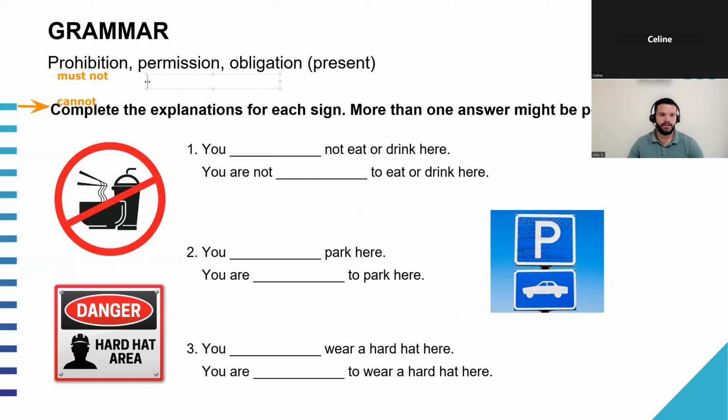Permission, you can say can. Obligation, you can say have to, something like that, right? Or maybe here in permission, you could say you may, you can, etc. All right, so how can we complete number 1?